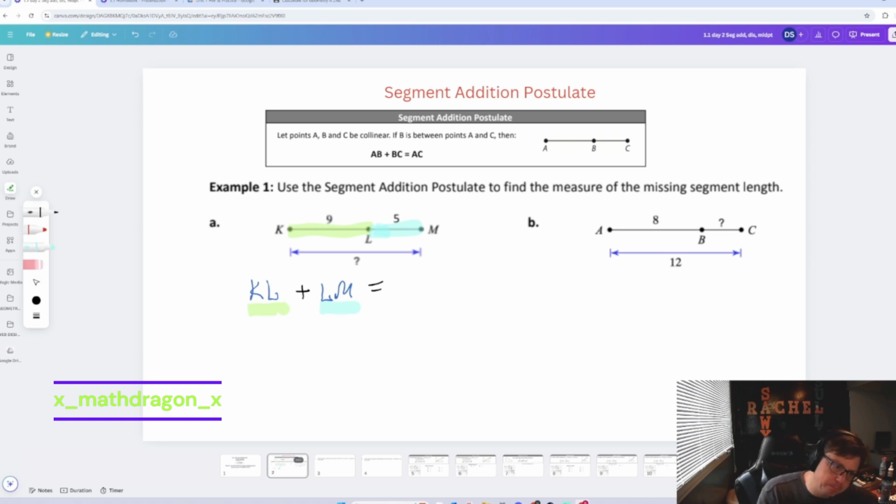Now, what a lot of students love to do is go K, L, M. And I know why, because we want to go all from start to finish all the way through, and we don't want to miss anything. But let me ask you this. If I start at home and I'm going to go to school, do I talk about every single red light I hit along the way?